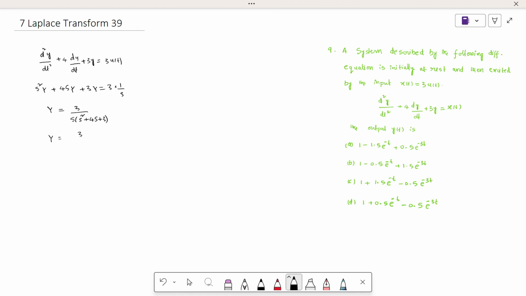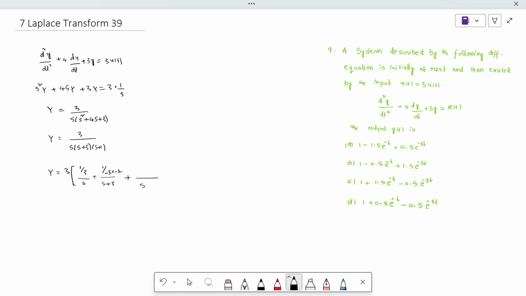So Y of s, we can write in factors: 3 by s into (s plus 3) into (s plus 1). In partial fractions, for s, substitute s equal to 0, and we will get 1 by 3. For s plus 3, substitute s equal to minus 3; leave the 3, we have taken 3 as common. So s equal to minus 3: this is minus 3 into (minus 3 plus 1), which is equal to minus 2.